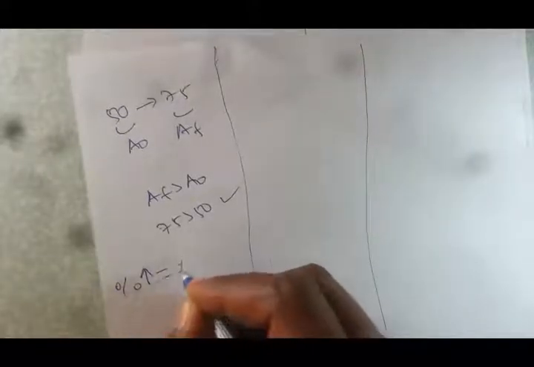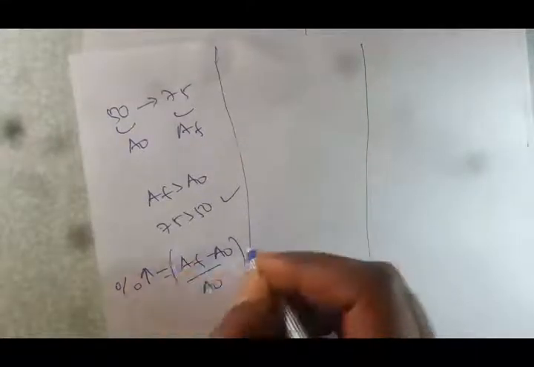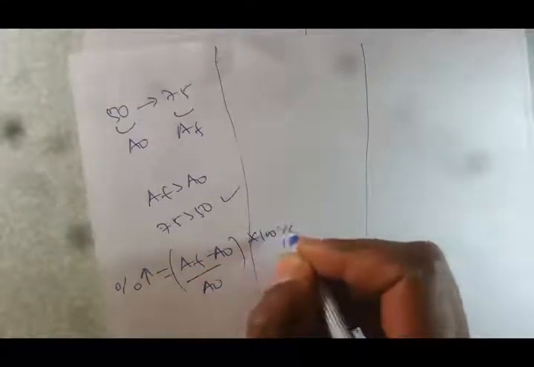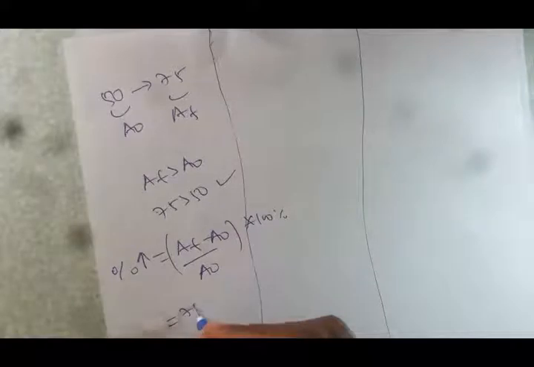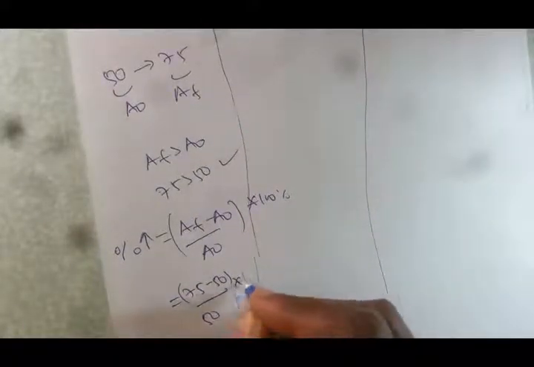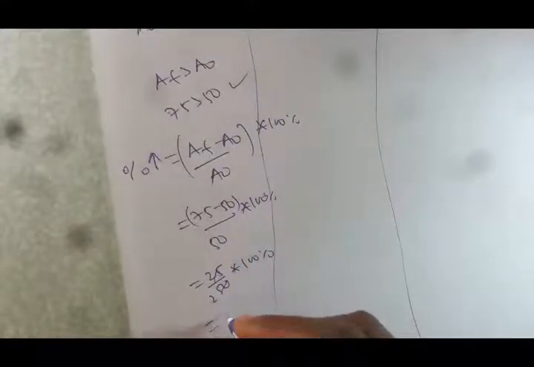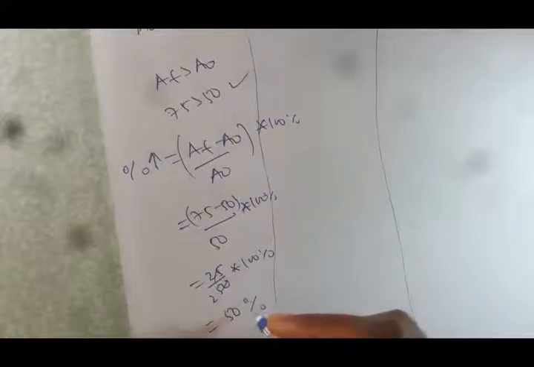This percent increase has a formula of A final minus A0 divided by A0 times 100%. This is equal to 75 minus 50 over 50 times 100%. This is equal to 25 over 50 times 100%. Therefore, this will be cancelled. It becomes over 2. This is equal to 50%.